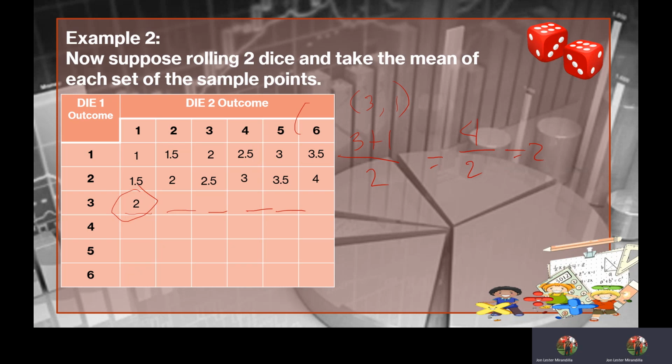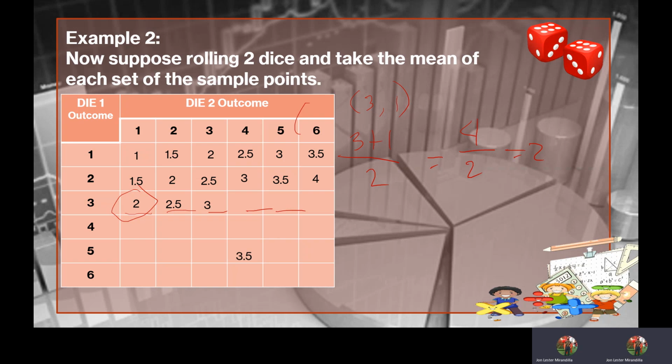Sa tingin nyo, ano yung next? Is it 2.5 niya? Tignan nga natin. Okay, 2.5 din siya. Okay, next tayo. Is it 3 niya yung next? Okay, 3. 3 yung next. Same na, tama naman yung observation natin.